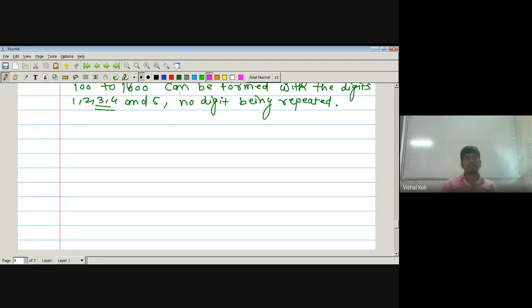Solution. The numbers lying between 100 and 1000 are of 3 digits.